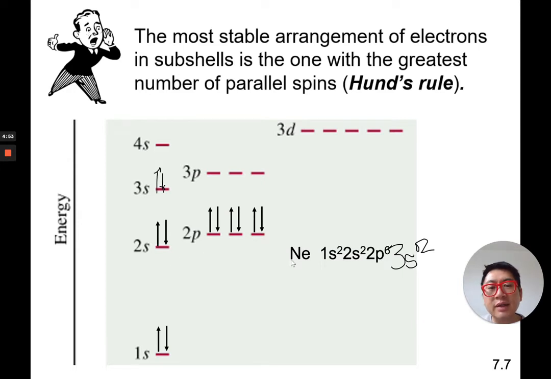This would be the electron configuration of magnesium. It's not so easy to write on the screen with a cursor or trackpad. Magnesium is element number 12: 1s2, 2s2, 2p6, 3s2.